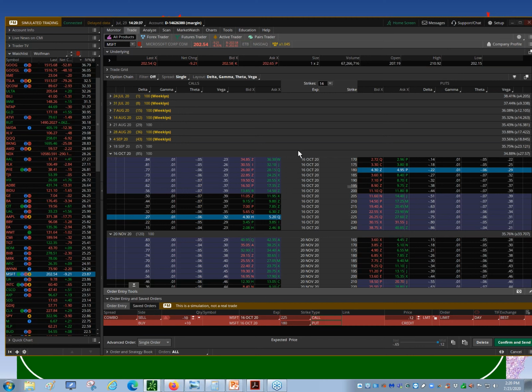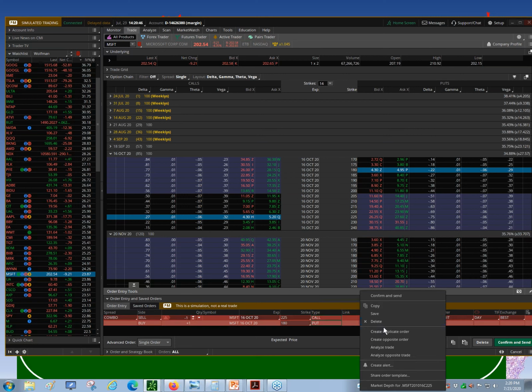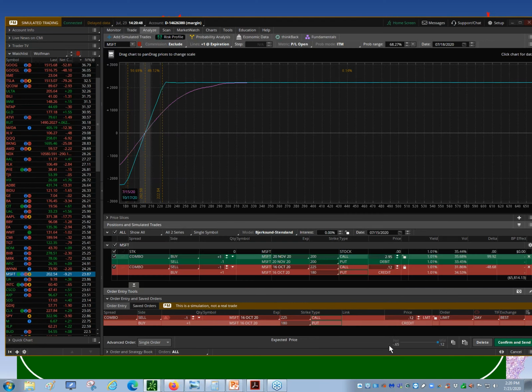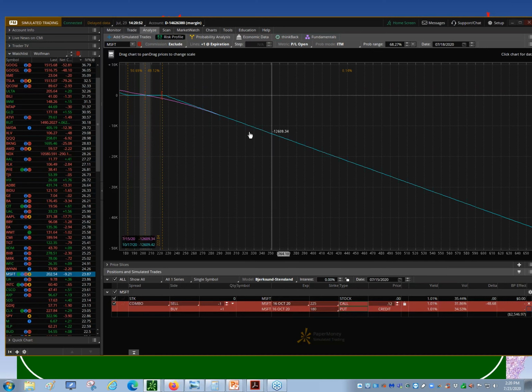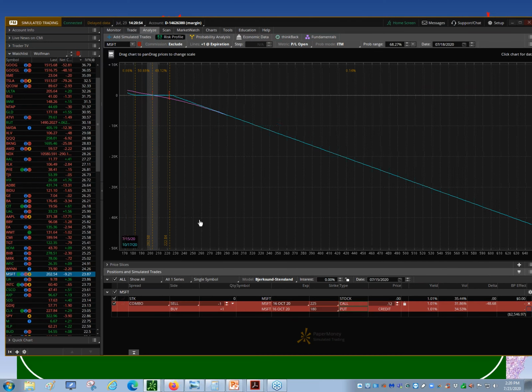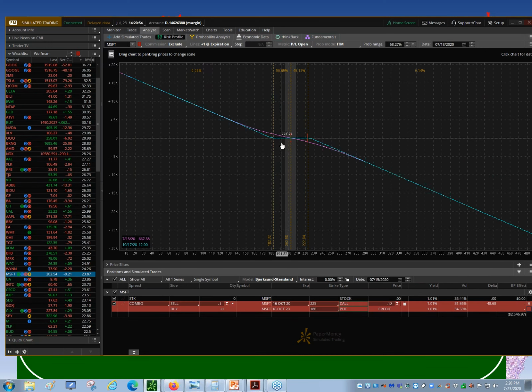You know, if we go over and look at the Analyze tab, we'll look at the difference here. So let's look at the Analyze this trade. Get rid of this old trade. All right, so you can see that it's got this flat mark here. And this is all about expiration, right?